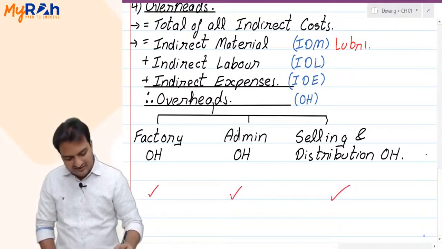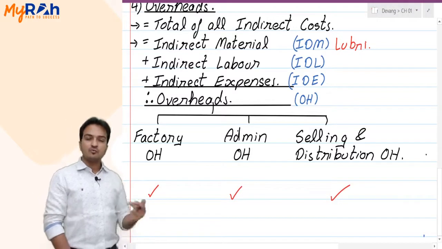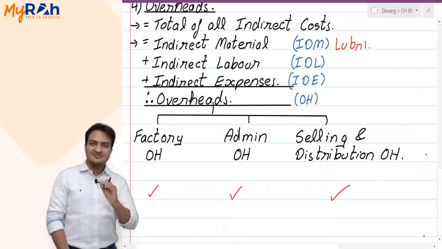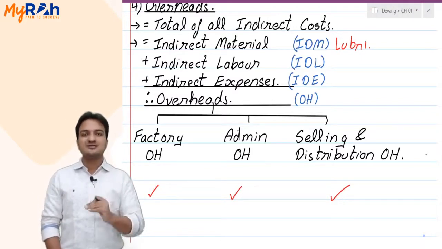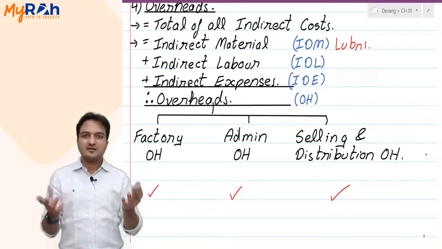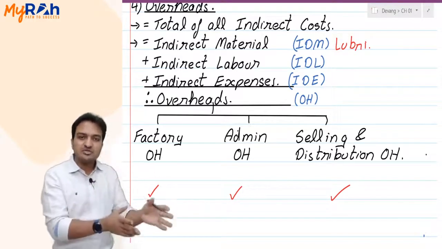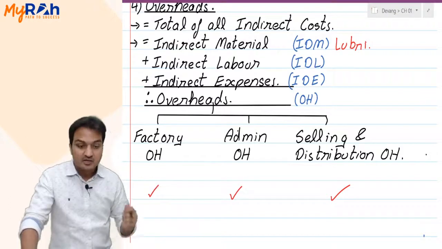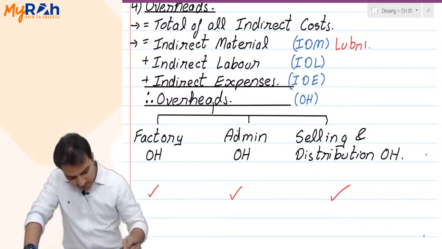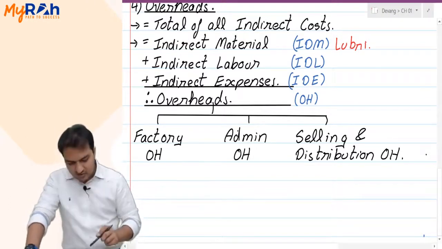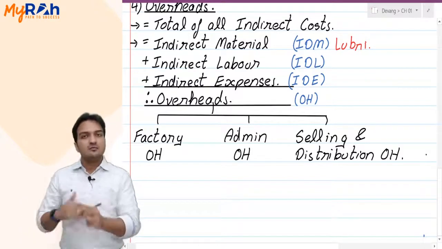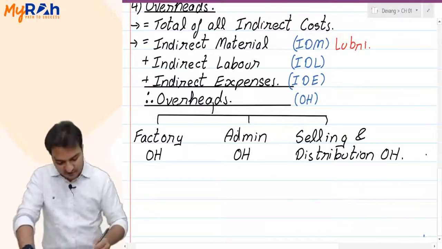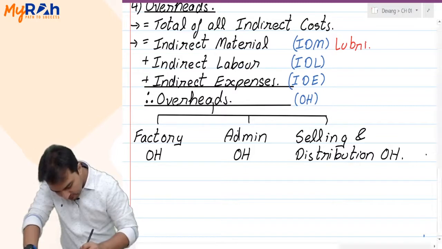Factory, admin or selling overheads? According to my example, where was that lubricants used? It was used inside the factory. Lubricants was used in the machines. Machines are used in the factory. So lubricants is an example of indirect material. More precisely, further classification, it will fall under factory overheads.